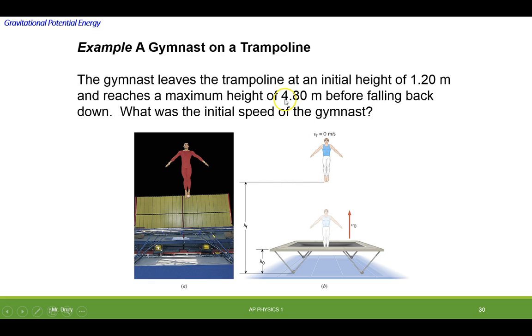Well, he rose 4.8 minus 1.2. Why don't we just call this 0 in the future, and this some other arbitrary height. What's 4.8 minus 1.2? That would be 3.6. So we could have called this position 0 and the top position 3.6. But for argument's sake, we'll leave it how it's depicted in this problem.